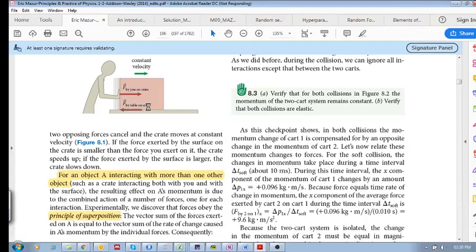There's no more force by you on the crate. There's only a force by the table on the crate. So that's why there would be a force here, and it's moving to the right, but there's a force to the left, which means it's slowing the crate down.